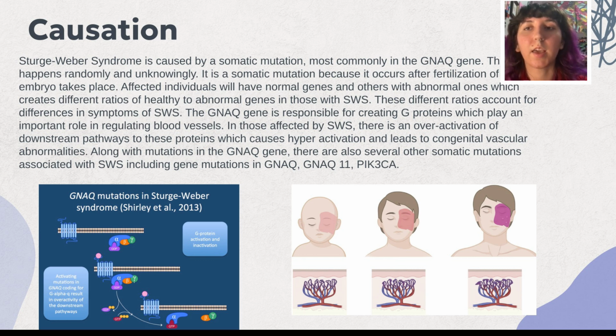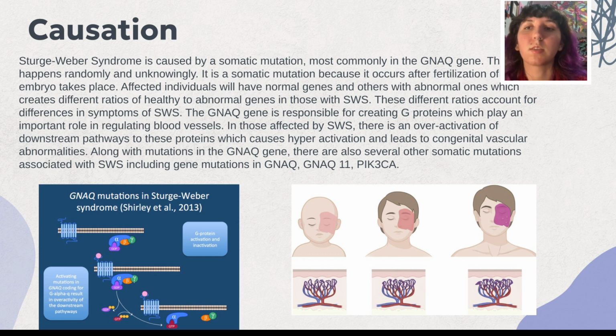The GNAQ gene is responsible for creating G proteins, which play an important role in regulating blood vessels. In those affected by SWS, there is an overactivation of downstream pathways to these proteins, which causes hyperactivation and leads to congenital vascular abnormalities.